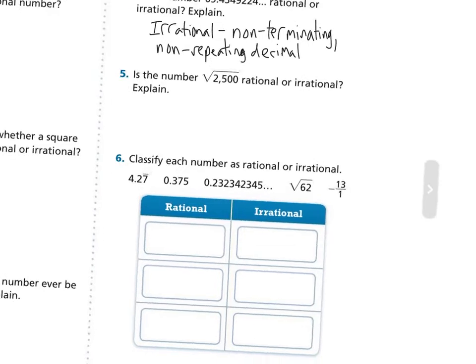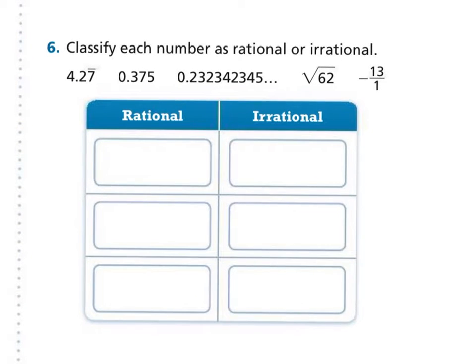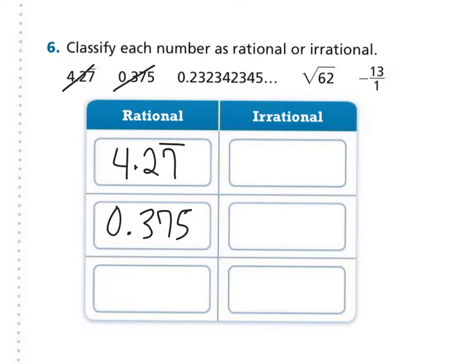If we go to number 6, again they want us to classify the numbers as rational or irrational. The first number is a repeating decimal. Repeating is rational. Our second decimal is rational as well. The decimal ends or terminates. We could write it as 375 over 1,000 if we wanted to.